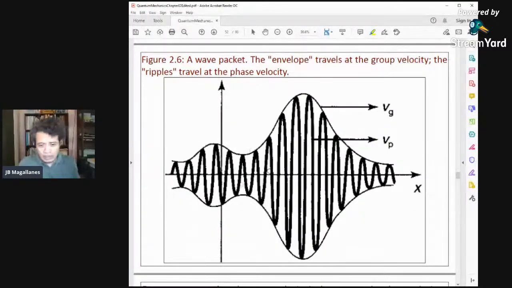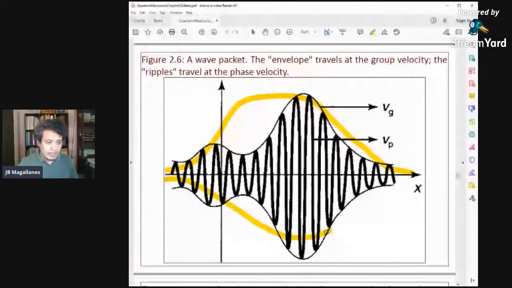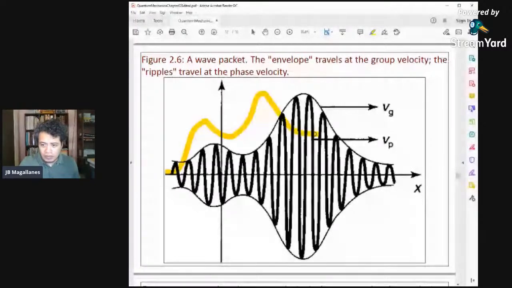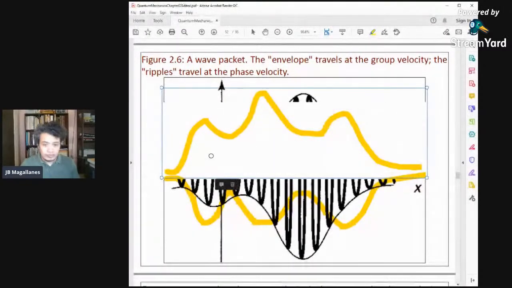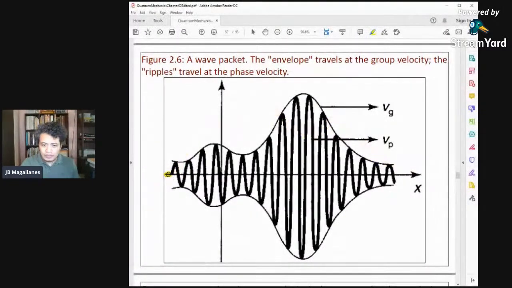It doesn't have to look like this. It could also look like this one, or like that one, or like this one. It could also look like that, or like this.